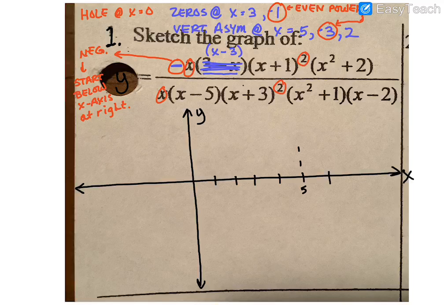I set a vertical asymptote at 5, which I'm putting in right now. A vertical asymptote at -3. And a vertical asymptote at 2. Okay. I have zeros at 3 and at -1.